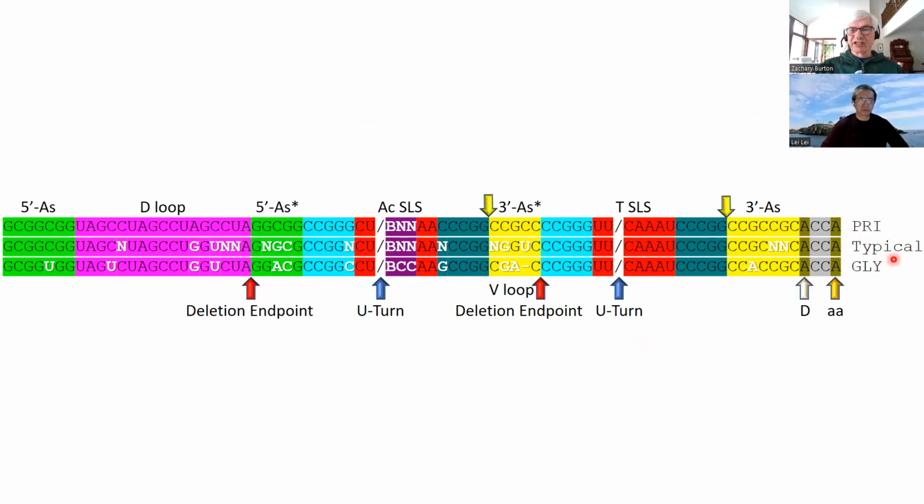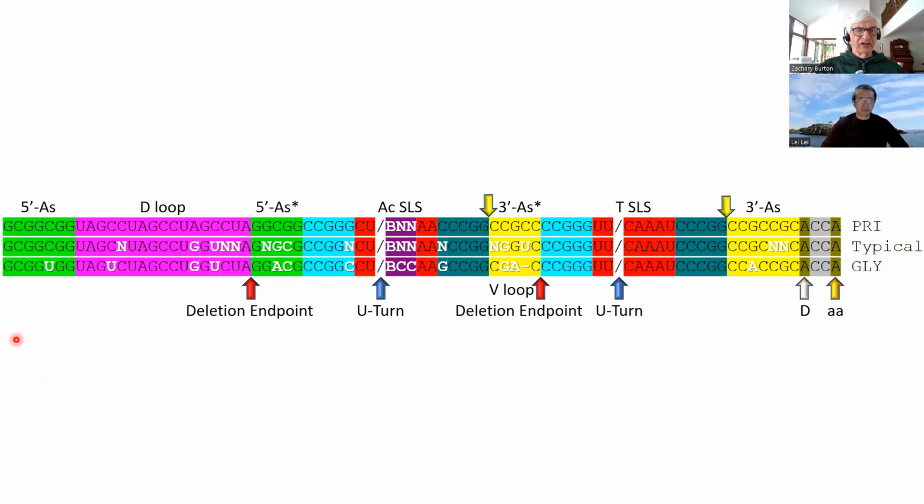This is the consensus sequence called a typical sequence. It's a summation of 46 tRNAs in Pyrococcus, and this is glycine tRNA. So primordial tRNA is a primitive glycine tRNA, and all tRNAs in one of these ancient organisms are derived from a primordial tRNA.